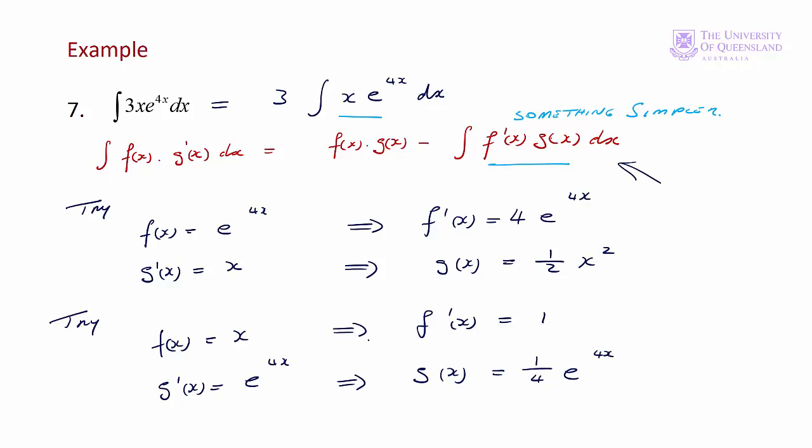In this case, if we have f prime x equal to 1 and g of x equal to 1/4 e to the 4x, that gives us 1/4 e to the 4x as our new integrand. That's much easier to deal with than x times e to the 4x. We reject the previous combination and go with this one.